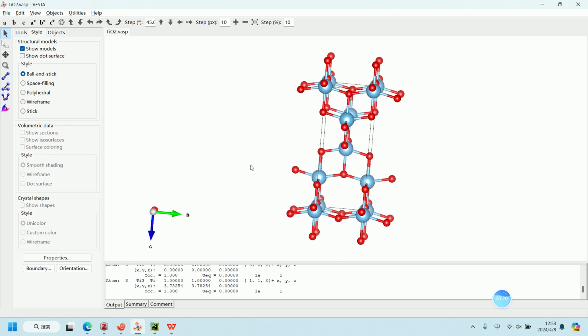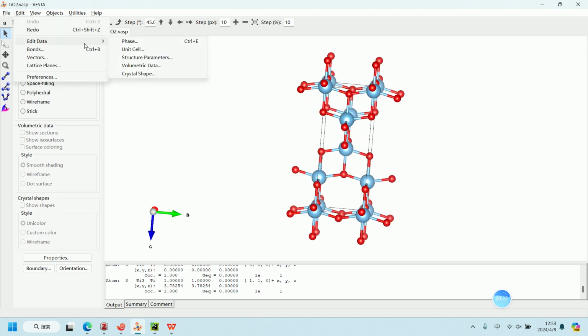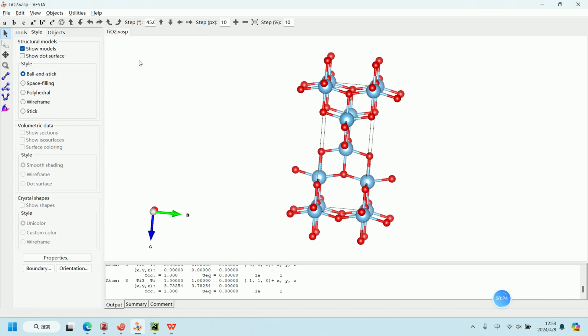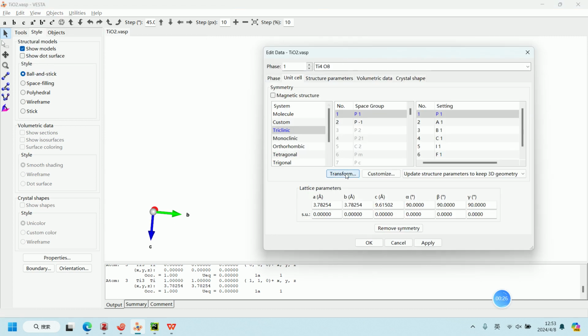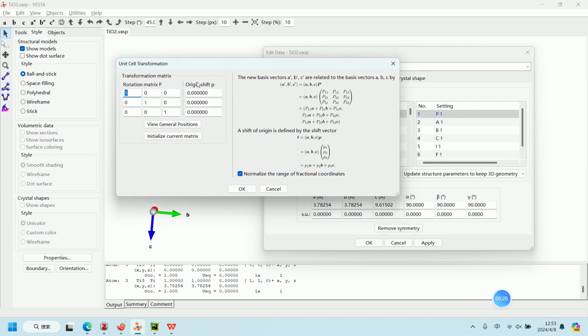The first thing we need to know is that if we want to transform our current set of basis vectors to a new set of basis vectors, the relation between these two sets of basis vectors is here in the panel of unit cell transformation in Vesta.